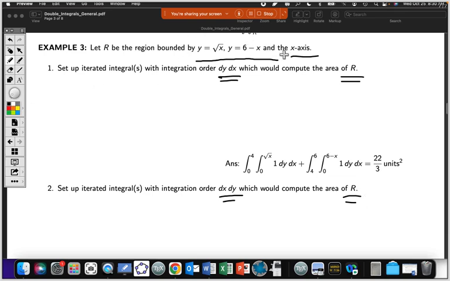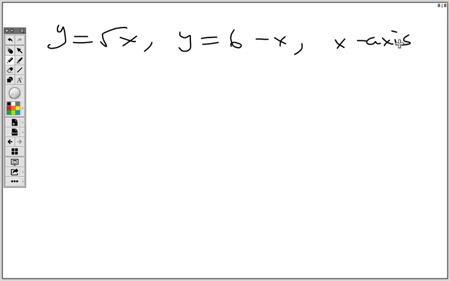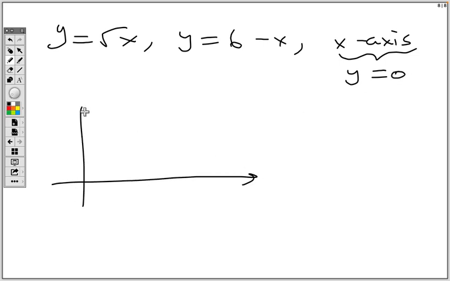If you had me for Calc 1, this region will look familiar because I used it back in the day. So let's try to sketch it here. We've got y equals root x, y equals 6 minus x, and the x-axis. The x-axis, aka y equals what? 0. Now, if you don't remember these things, I suppose you could always fire up Desmos to do it. But root x looks like half a parabola.